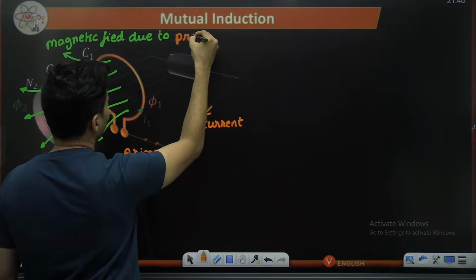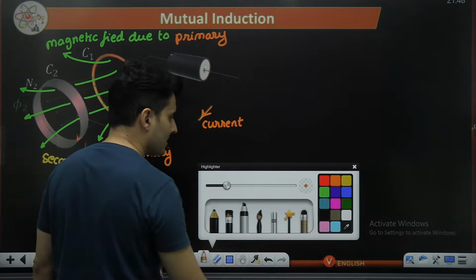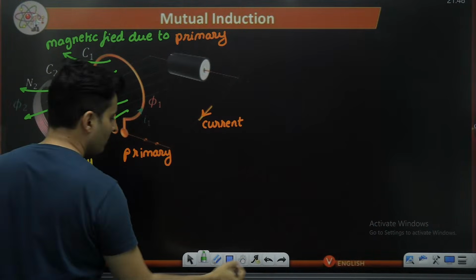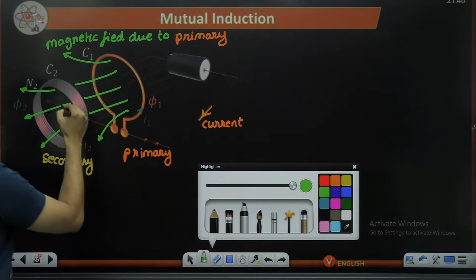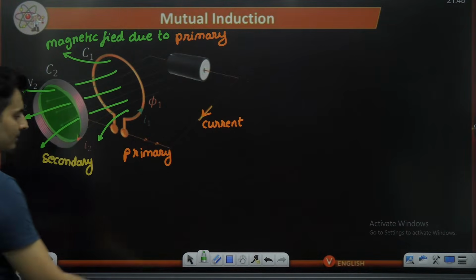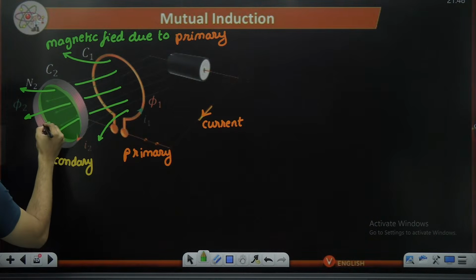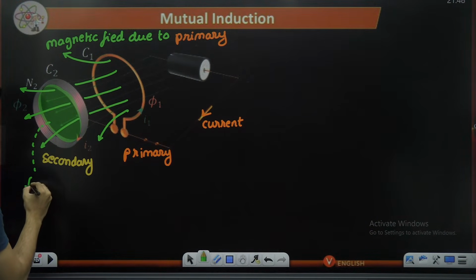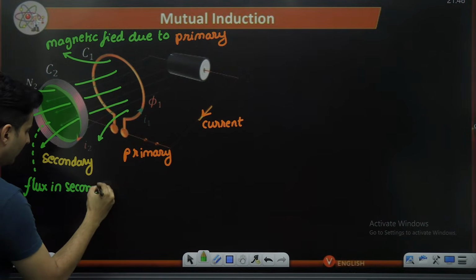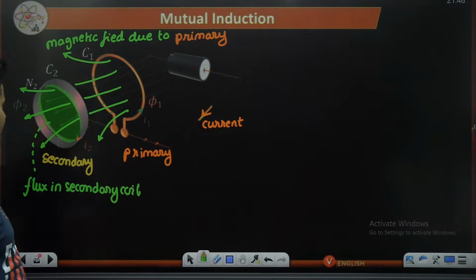Out of those magnetic field lines, a few of the field lines will pass through the secondary coil. That will create the flux in the secondary. What is this? This is nothing but a flux in the secondary coil.